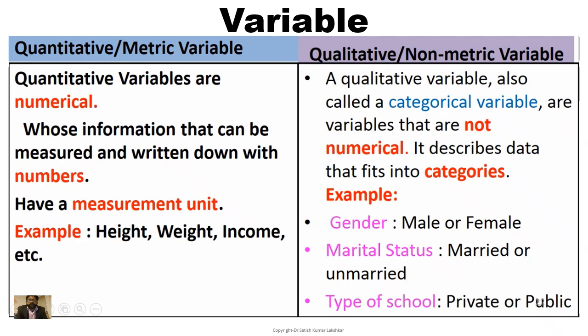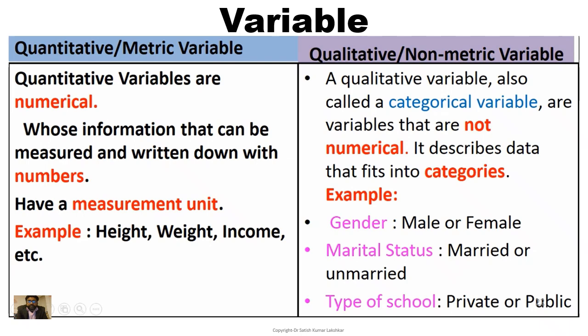Now let's talk about some examples. For example, gender, marital status, or type of school. When we talk about gender, I discussed this example earlier also, male or female. If you talk about marital status, married, unmarried, again these are the different categories of a variable. And type of school, a school may be private, or let's say public.